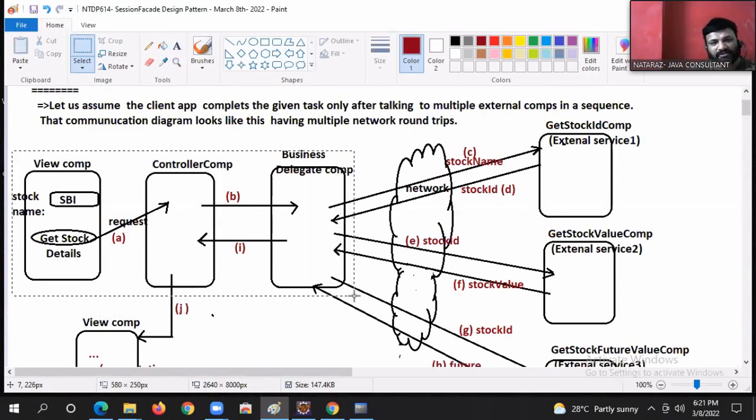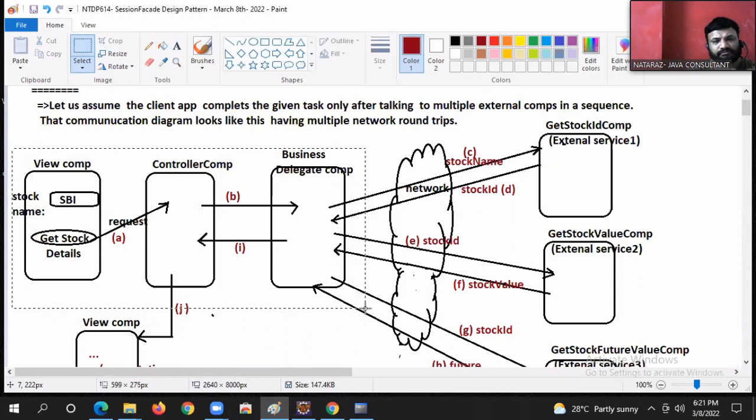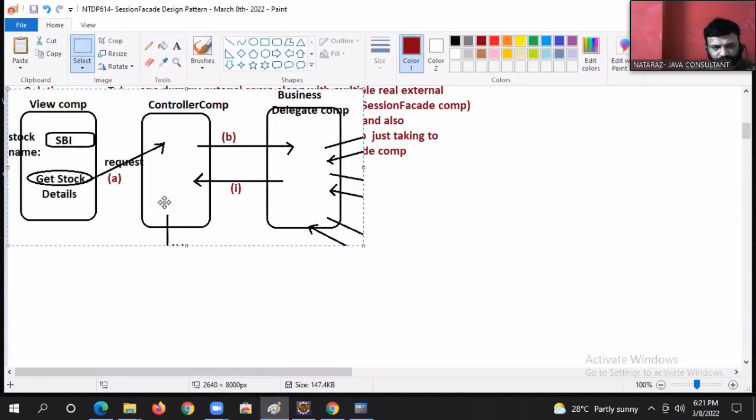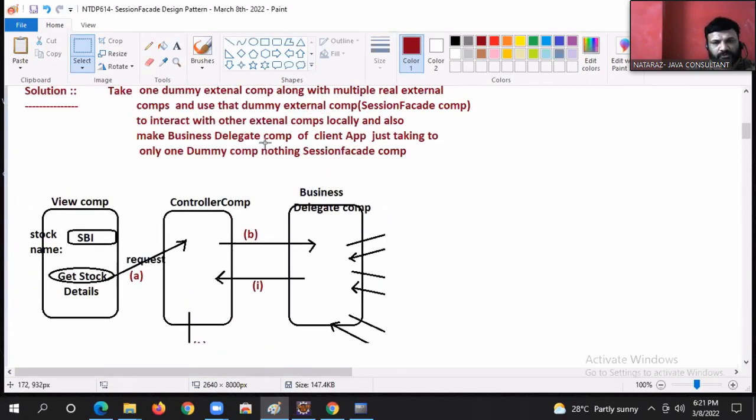Super, boss. Yeah, we are taking the business component, guys.